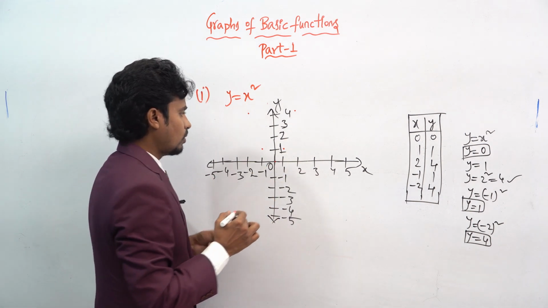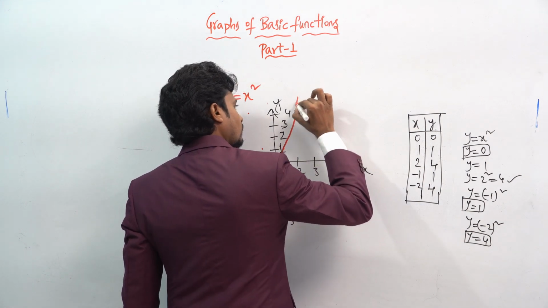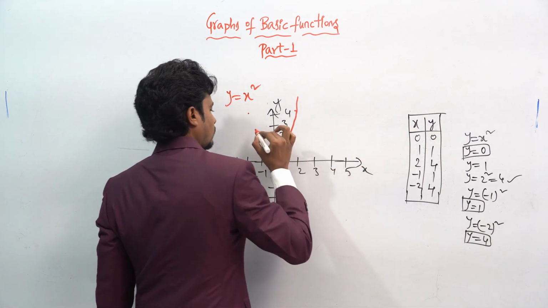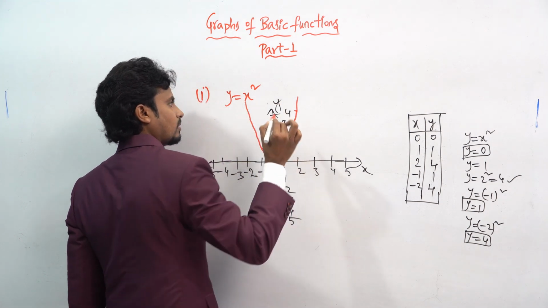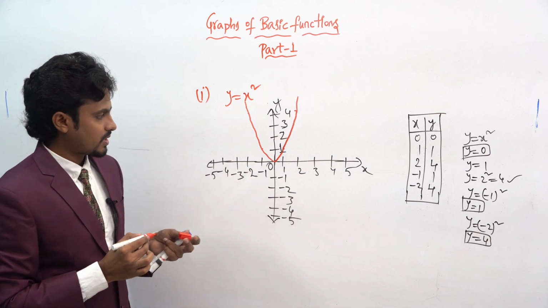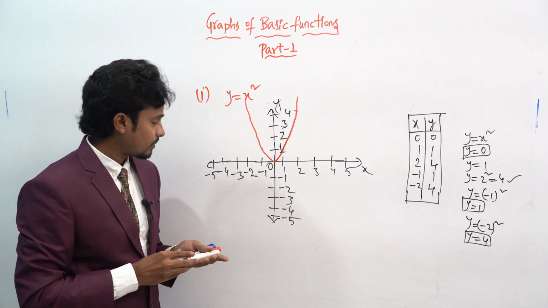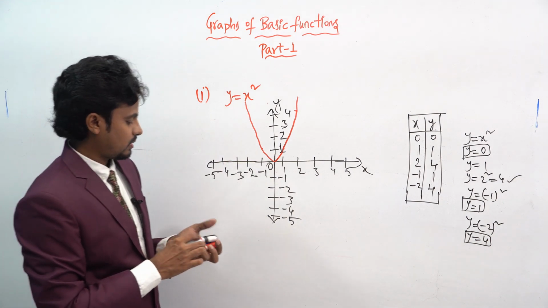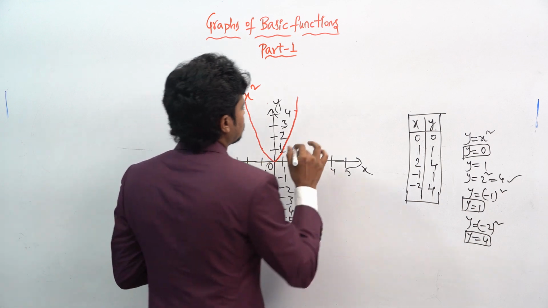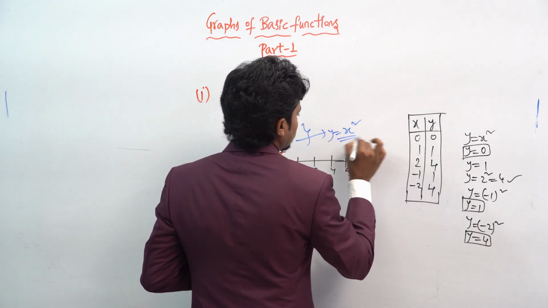Now what you have to do? You have to connect all these points. Okay. This was the plot for y = x square.